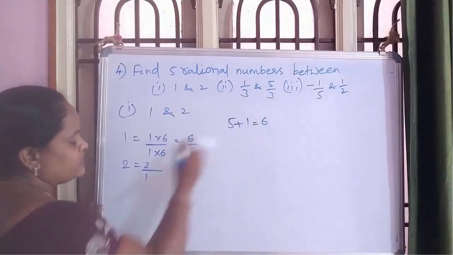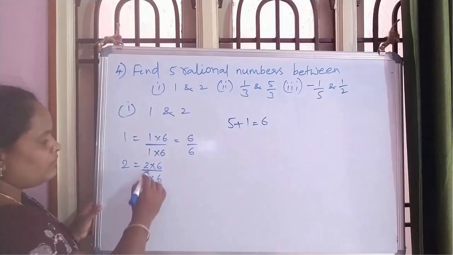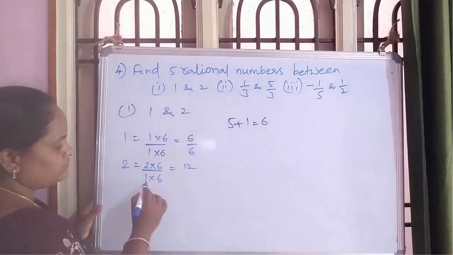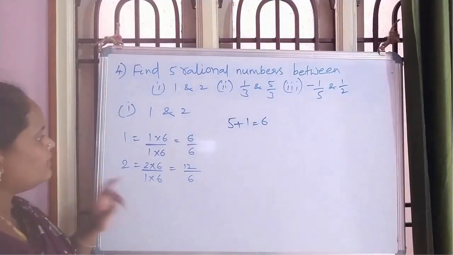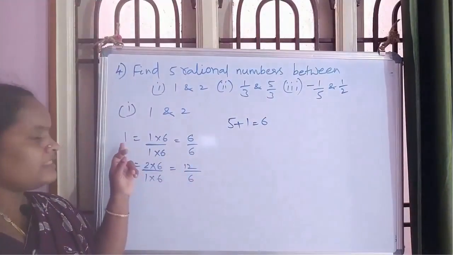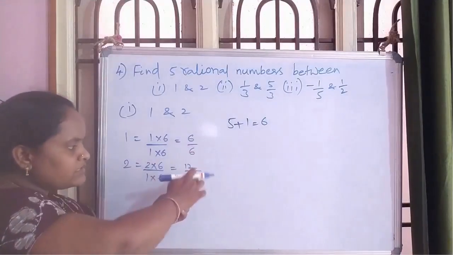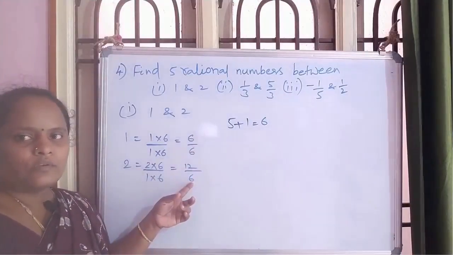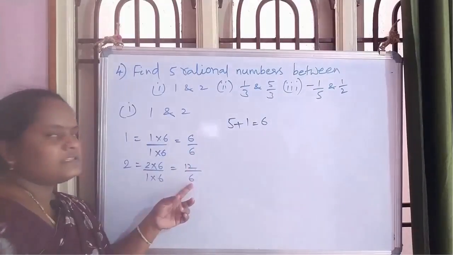With the same 6, I am going to multiply in the numerator as well as in the denominator. 2 into 6 is 12, 1 into 6 is 6 in the denominator. So 6 by 6 and 12 by 6 are other forms of 1 and 2. These two other forms will help us find the rational numbers between 6 by 6 and 12 by 6.